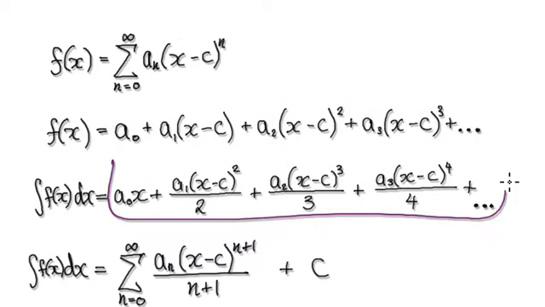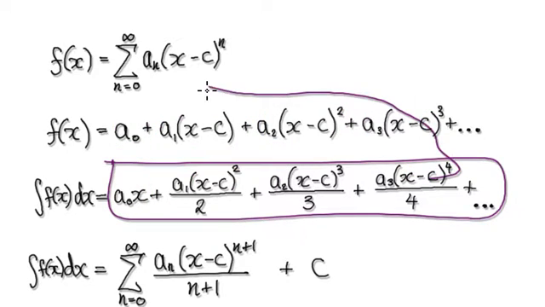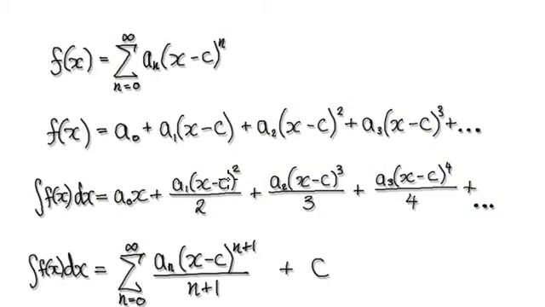Once you're here, you want to convert it back into your summation form. Here you can see that you've got x minus c to the power of 2, and here x minus c to the power of 3. X minus c always stays the same, but each power gets incremented by 1 each time.